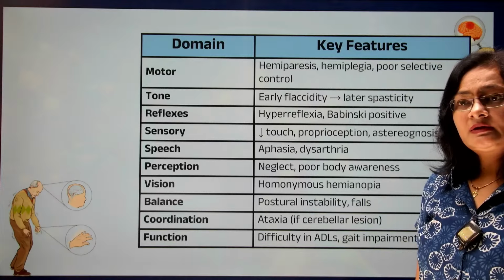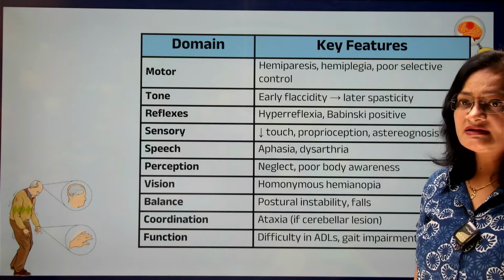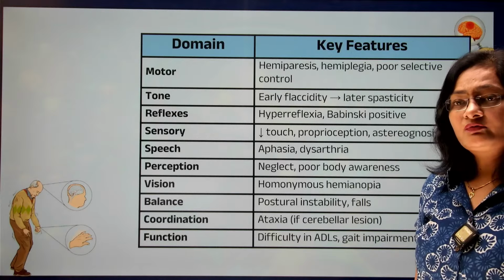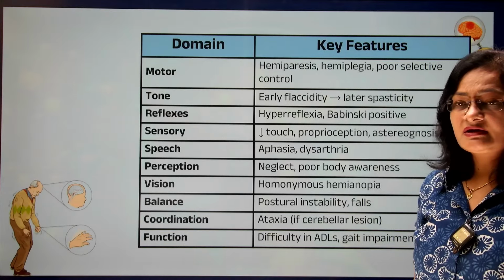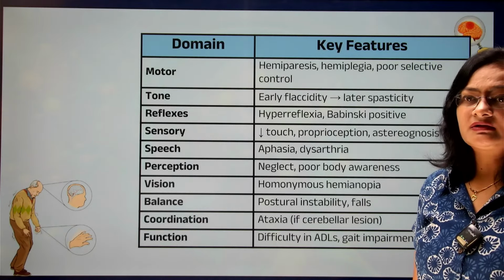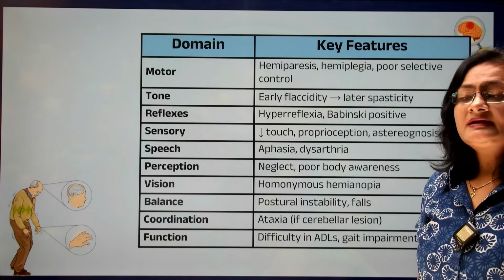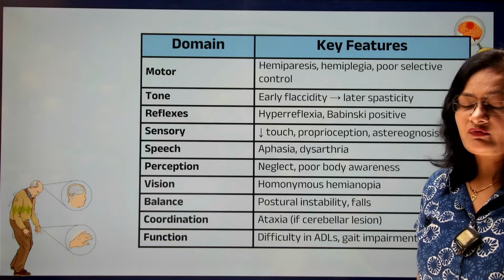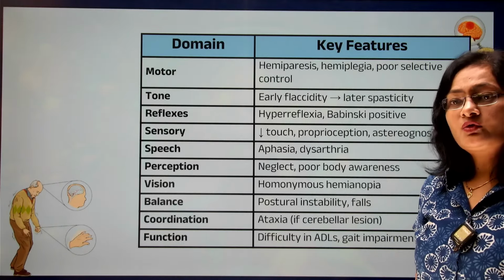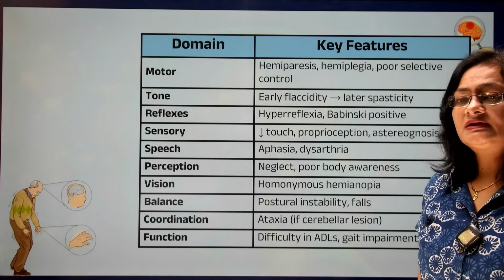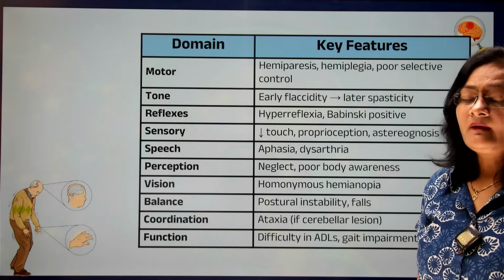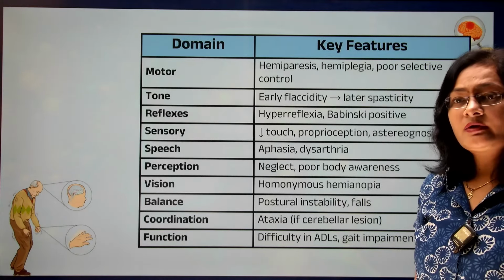Motor symptoms depend on how much territory is involved, which area of the brain is affected, and whether it is a major or minor affection. Based on that, hemiparesis or plegia will be produced, and selective motor control will be affected. Stroke always results in increased tone because of the UMN type of lesion.